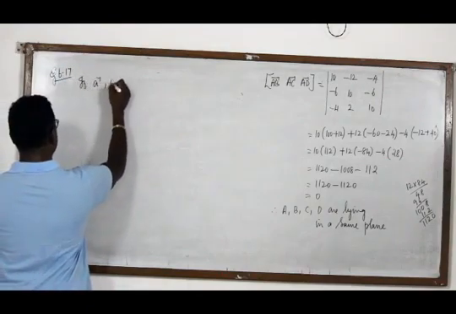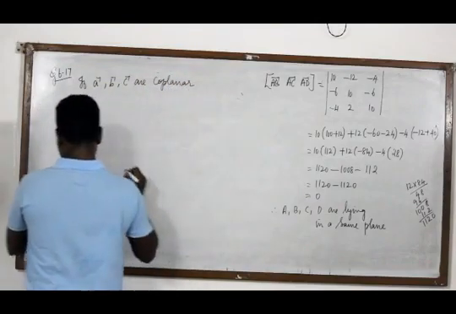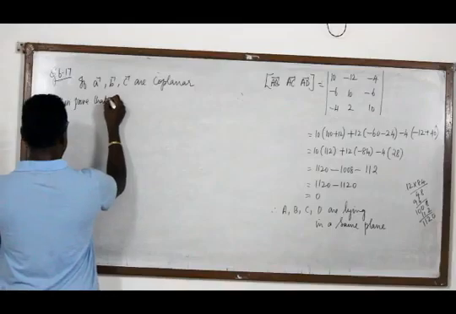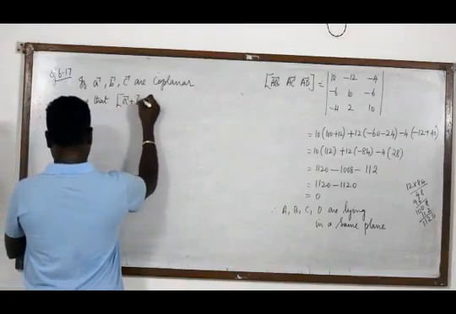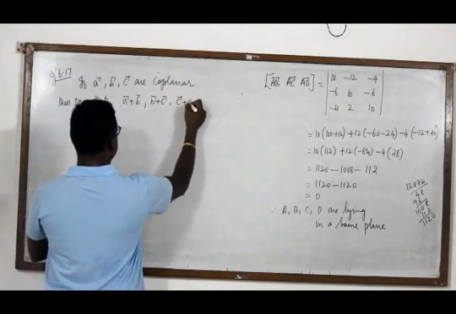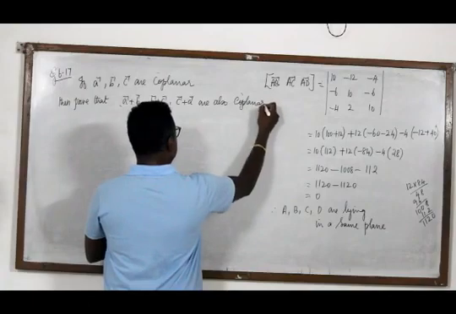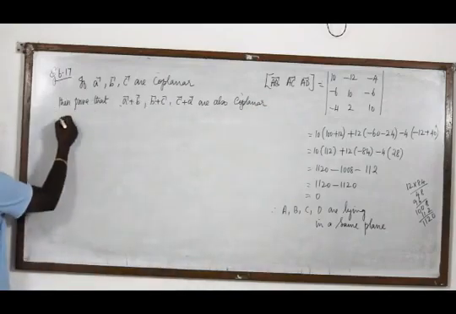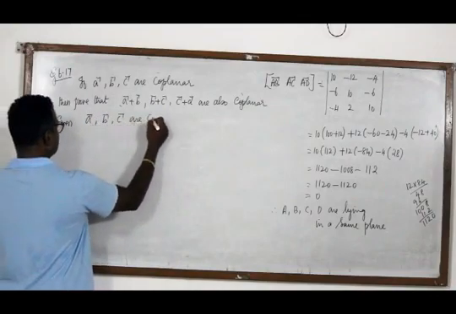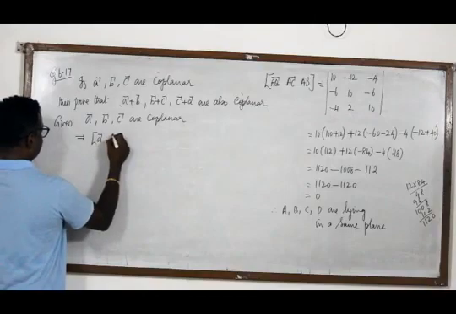If A vector, B vector, C vector are coplanar, then prove that A plus B, B plus C, C plus A are also coplanar.